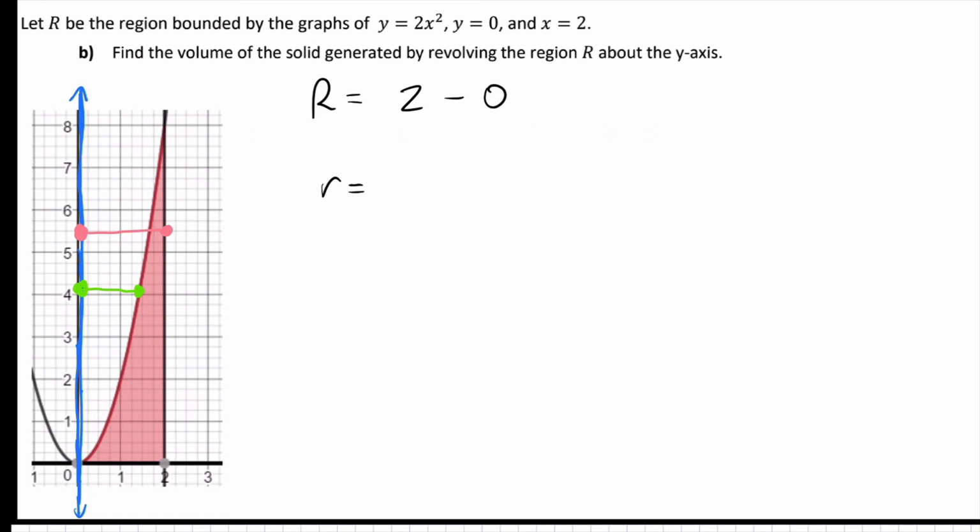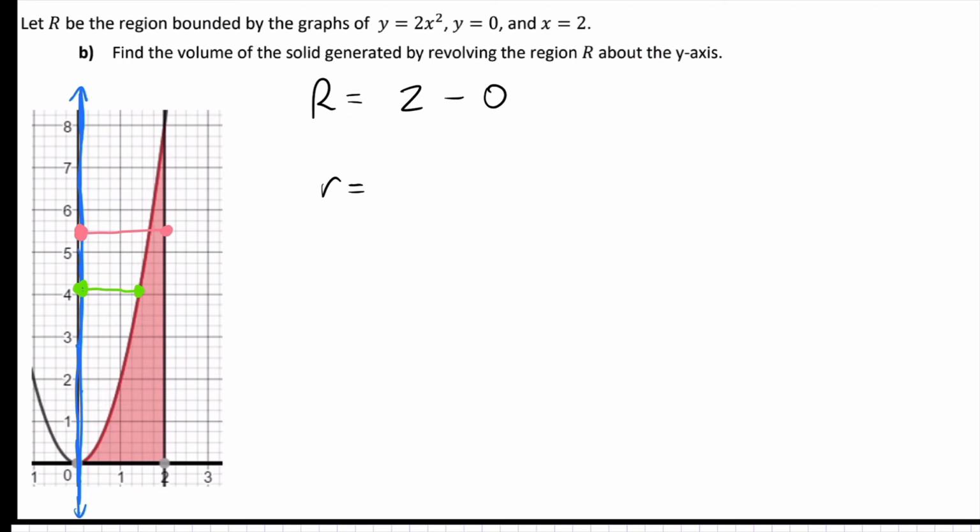All right, little r. So little r, the right, is the parabola. Since it's only on the positive side, we're only going to use the positive. So this guy right here is y equals 2x squared. But again, this is going to be a dy problem because it's revolving about the y-axis.